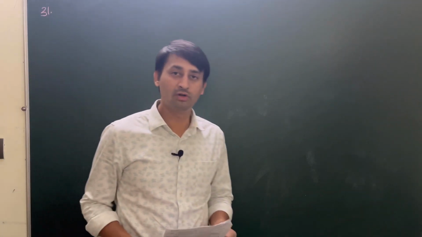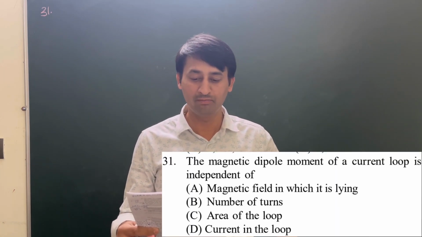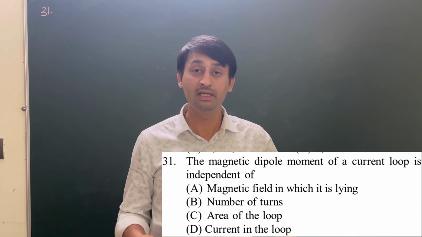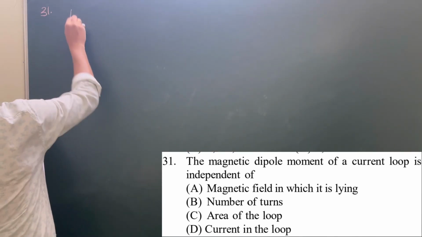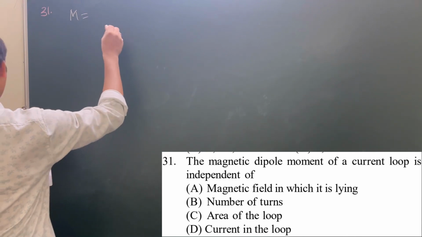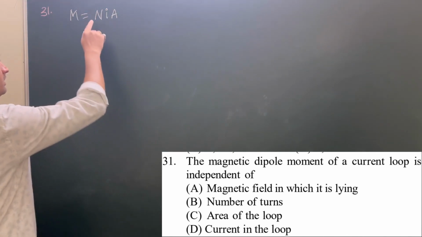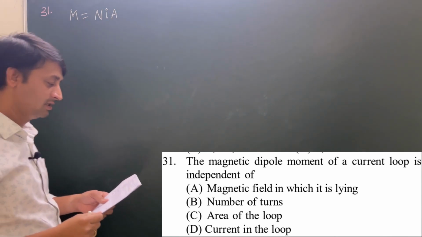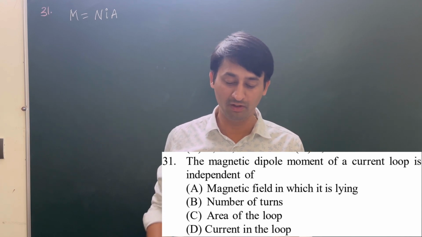Next, we will move on to question number 31. The magnetic dipole moment of a current loop is independent of. The magnetic dipole moment of a current loop is given by M is equal to NIA, where N is the number of turns, A is area of the loop and I is the current in the loop.